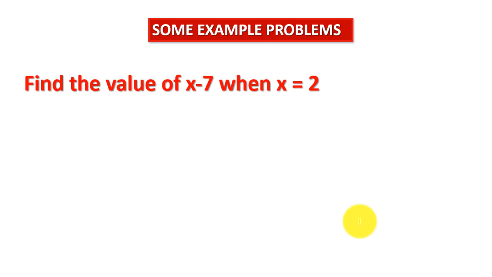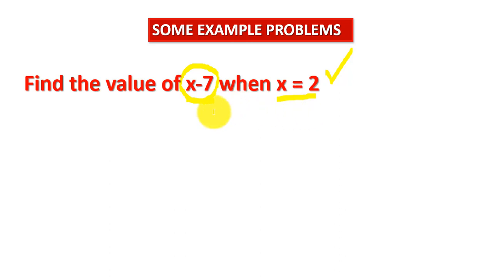And next, some more example problems are there, that is related to when variable value has given, how can you find out the expression or equation value? Look at here once. Find the value of x minus 7 when x equal to 2. What is the expression here? X minus 7 is the expression. What value has given?